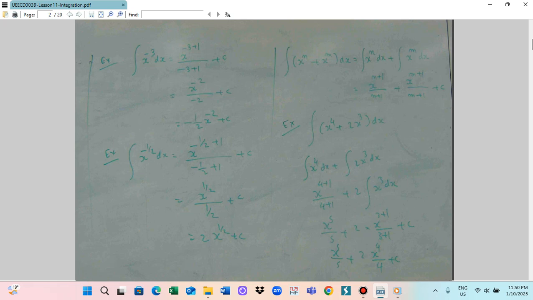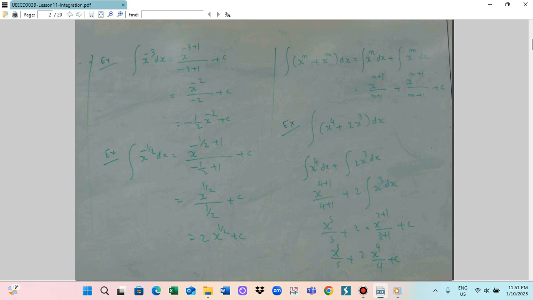Since this is an addition, you have to integrate the individual functions. So this is the integral of h power n dx plus the integral of h power m dx. So this becomes h power n plus 1 divided by n plus 1, plus h power m plus 1 divided by m plus 1, plus c.